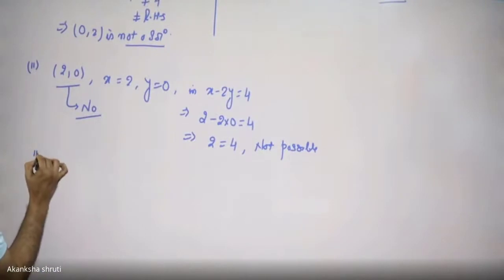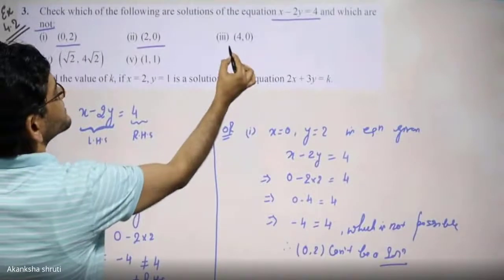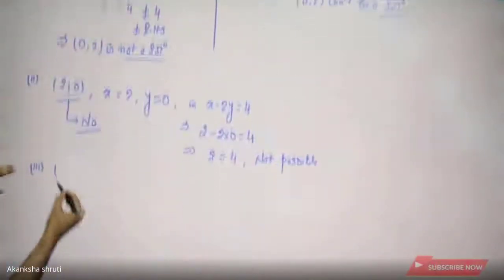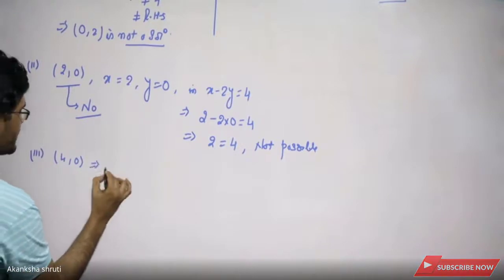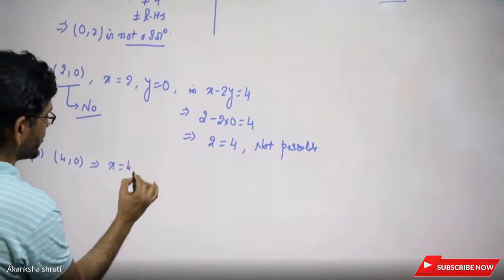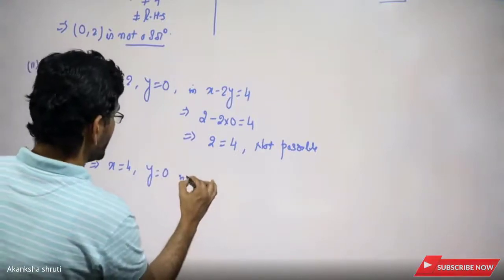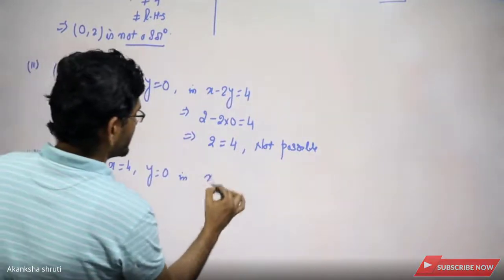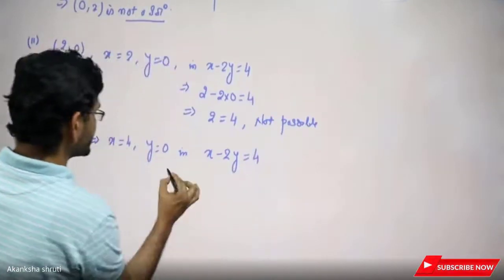Let us check the third one, where we have x is 4, y is 0. Take this (4, 0). This means the x value should be taken as 4 and the y value as 0 in the equation x minus 2y equals 4.